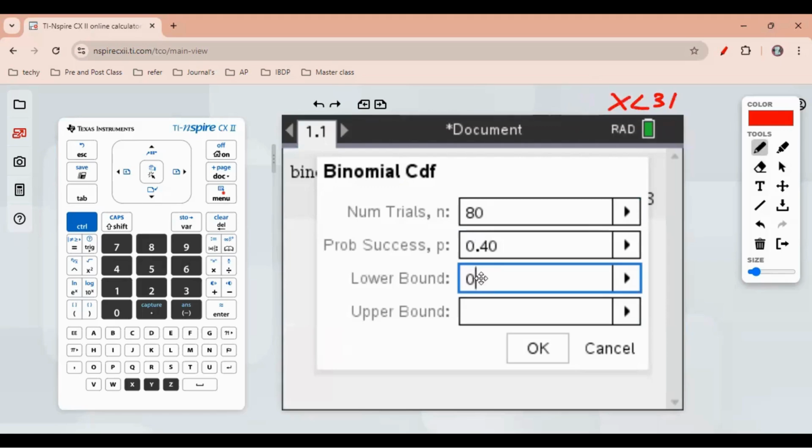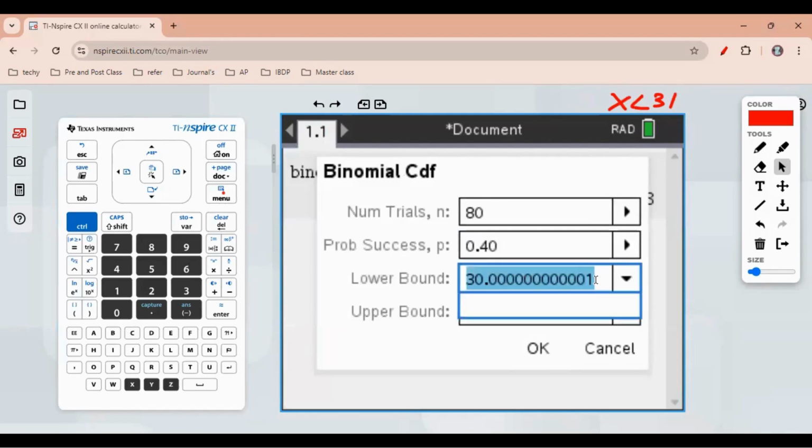So I have an upper bound, which is not 31. 31 is not included here. So for 31 you can just write 30.00001, something very close to 31, but not 31. Wait a moment. 30.999 something we can use.